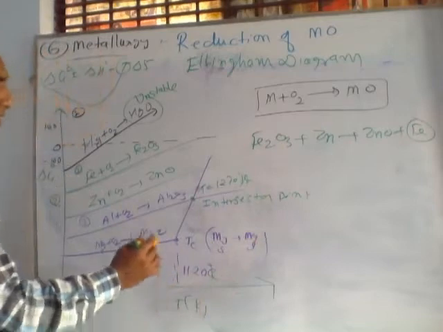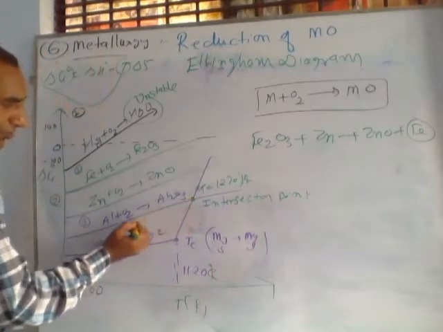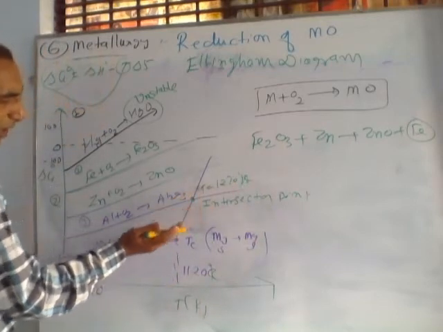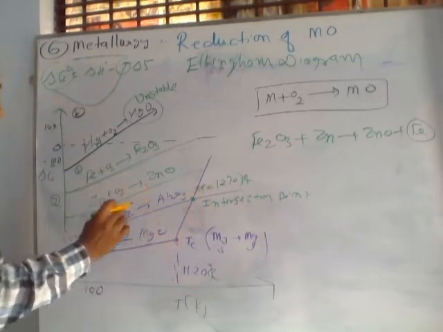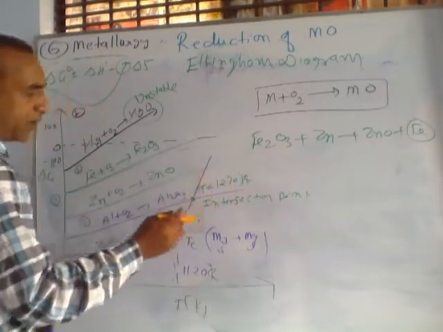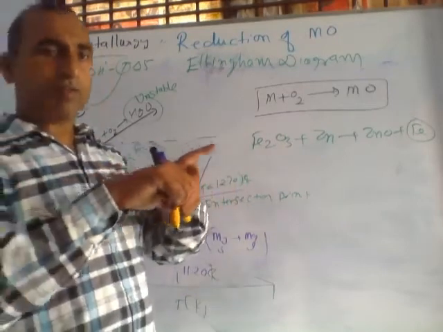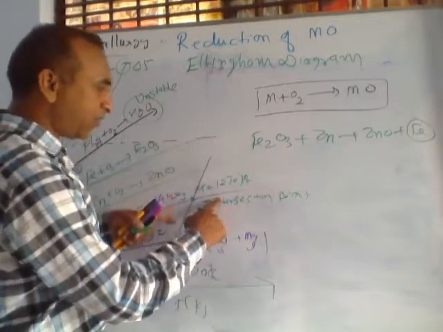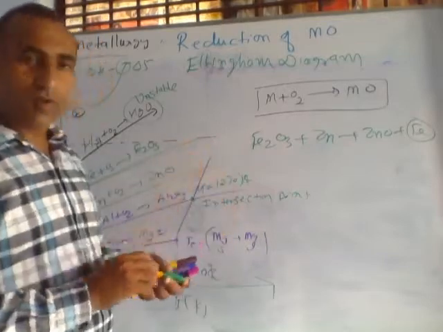So below this temperature, magnesium can reduce aluminium, but above this temperature the lines are inverted, meaning aluminium can reduce magnesium from its oxide.